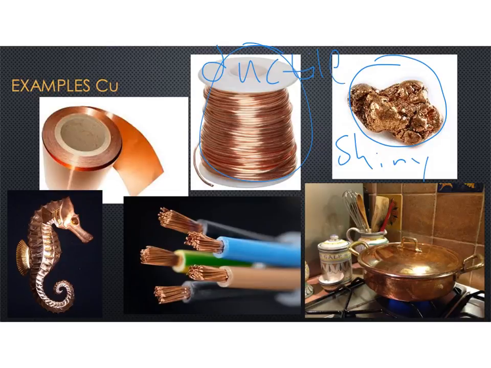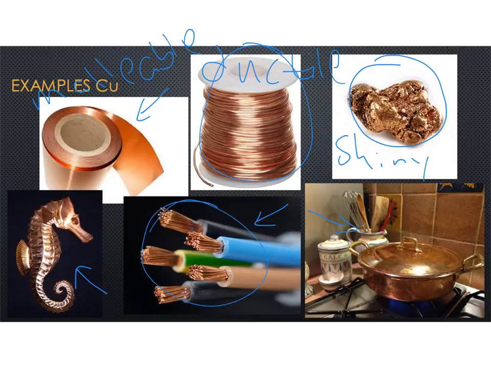And here I'm showing you that it's malleable. M-A-L-L-E-A-B-L-E. Malleable. It can be hammered out into sheets or hammered into different shapes. Here, these two, I'm showing you that metals, or copper specifically, is a good conductor. In this case right here, it's conducting electricity, and here it's a good conductor of heat.